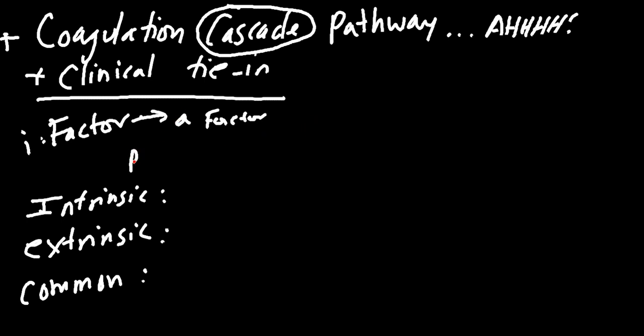And to do that, we're going to use proteases. And typically, an active factor can act as a protease. So we're going to take an inactive factor, activate it, and this active factor can act as a protease to downstream events. And what that does is it allows this to cleave a whole bunch of inactive factors into active.